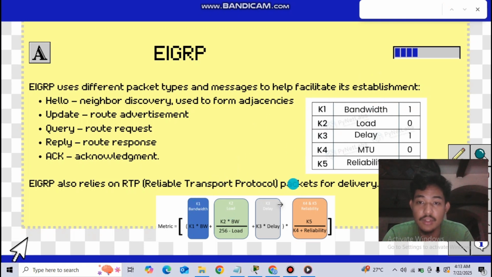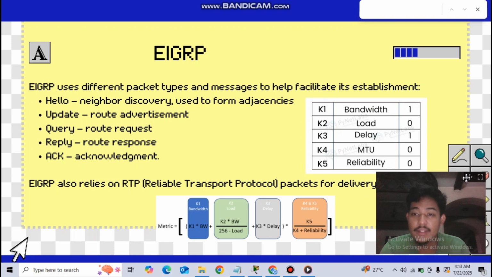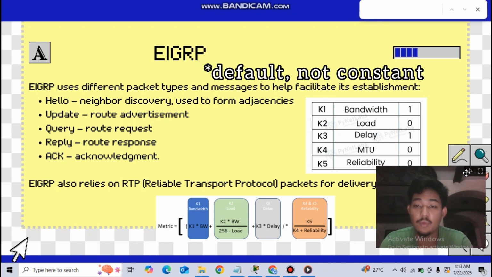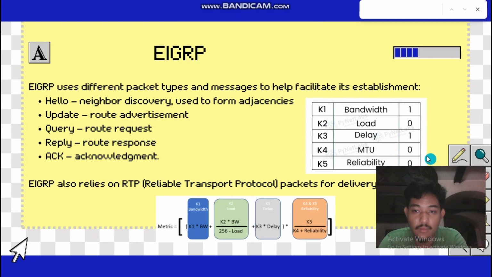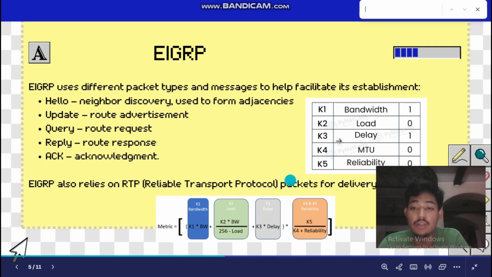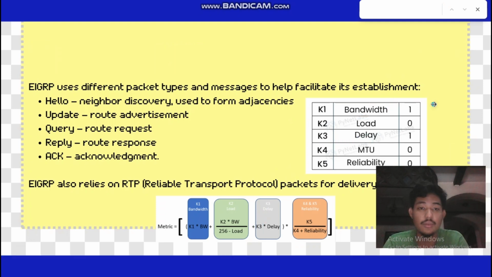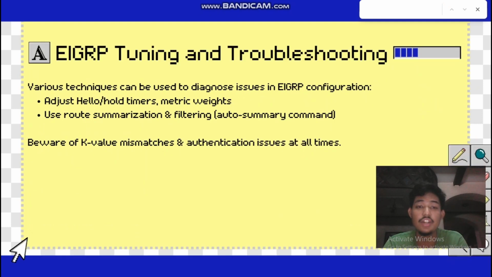K2 is load, K3 is delay. K1 and K3 have a constant of 1, while K2, K4, and K5 have a constant of 0. And MTU over here stands for maximum transmission unit, or the maximum allowable size of a packet being transmitted between two routers. So we can move on to EIGRP tuning and troubleshooting.